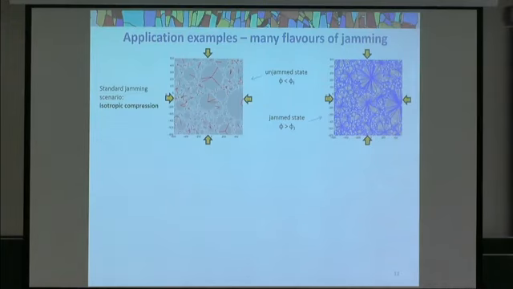So now to the application examples that I mentioned in the beginning. The first one is related to the jamming phase transition.